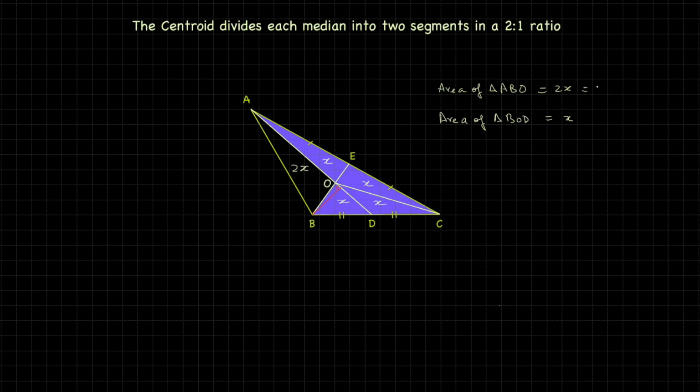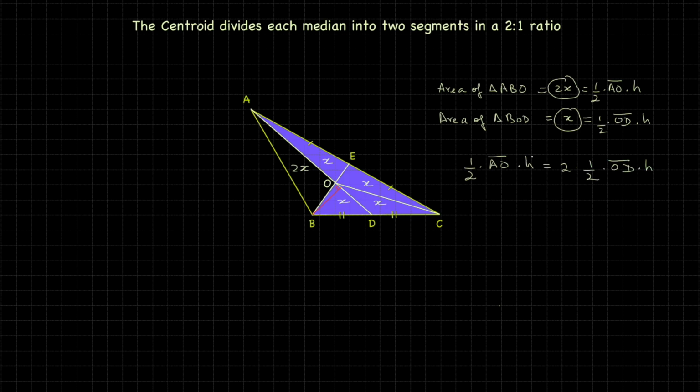Area of triangle ABO will be half times the length of AO times h, and the area of triangle BOD will be half times the length of OD times the same height h. We know that the areas are in the ratio 2 to 1. So what we get is half times AO times h is twice half times OD times h.